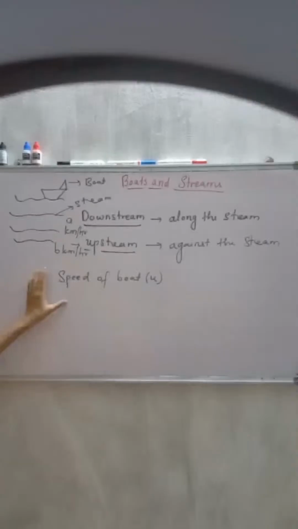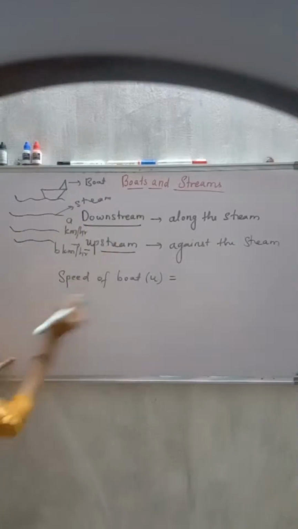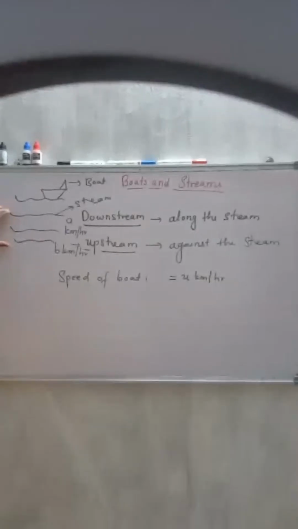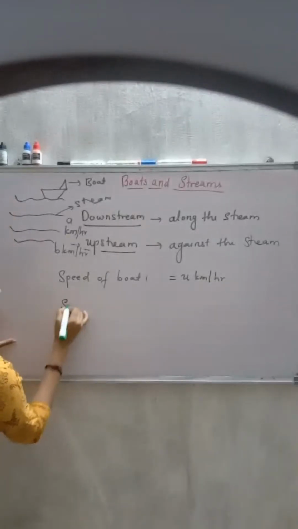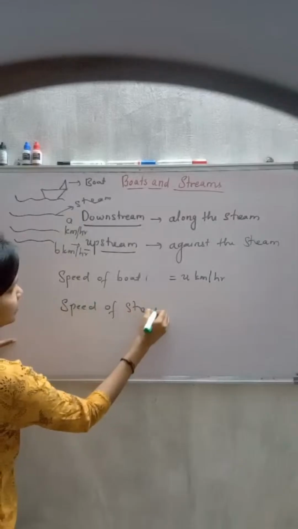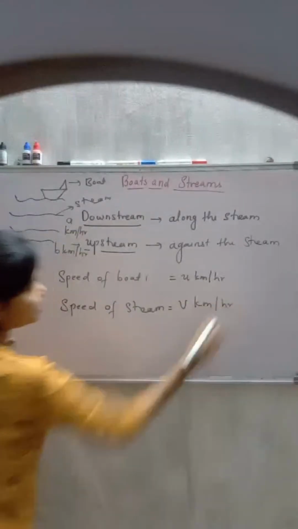Okay, so speed of boat, we just saw that downstream is along the stream. So this speed of boat, the boat itself has its speed. Let's say we denote it u kilometer per hour, and this stream is also having its speed. Speed of stream, let's say we denote it by v kilometer per hour.